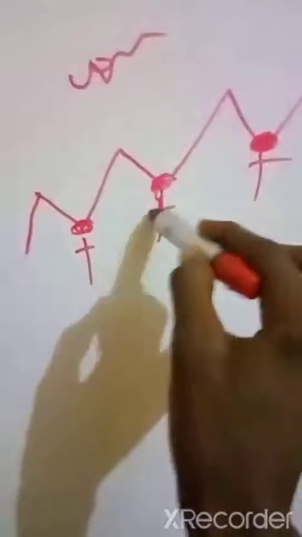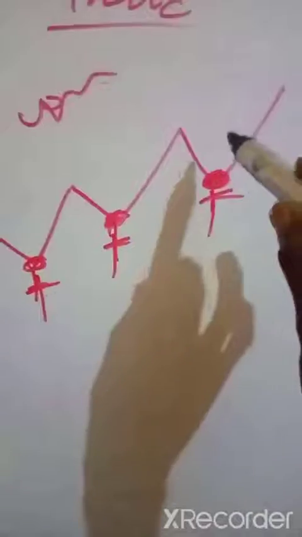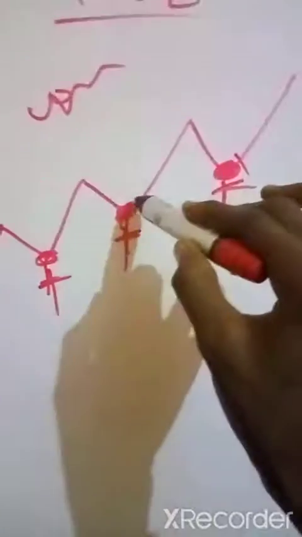When you see these candles on these points, you can place your buy. Right there, you place your buy. Right there, you place your buy. You buy here, you buy here, you buy here.